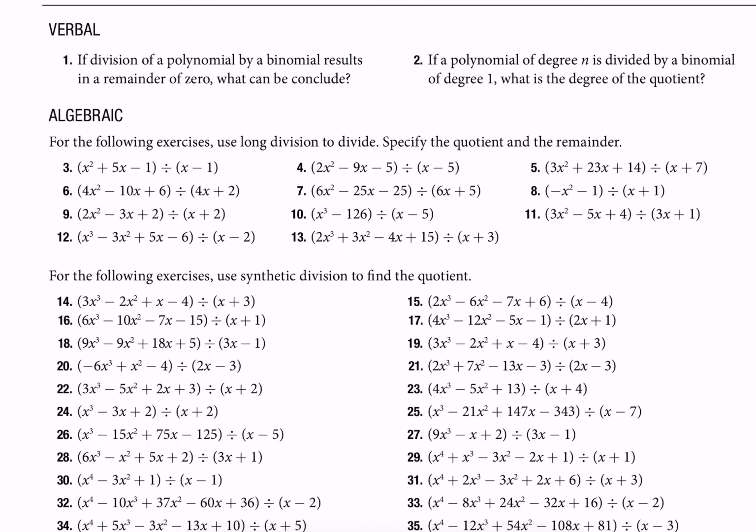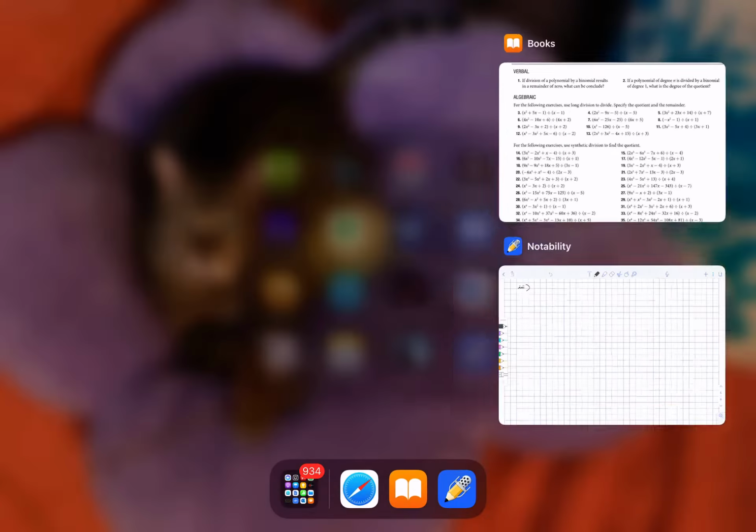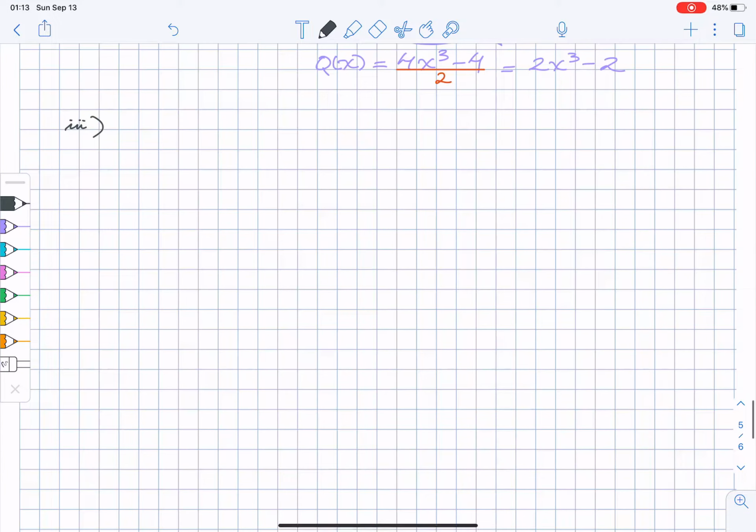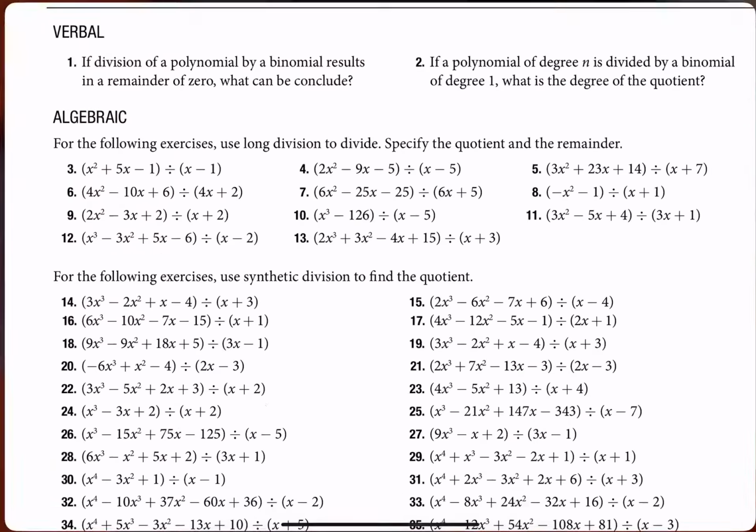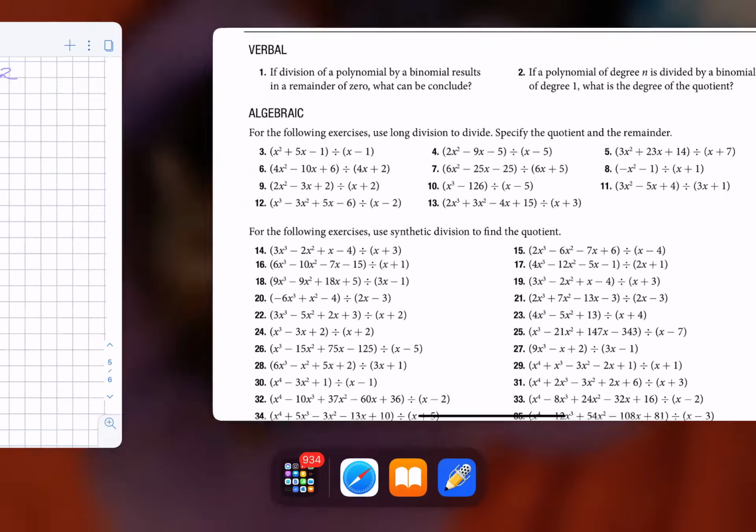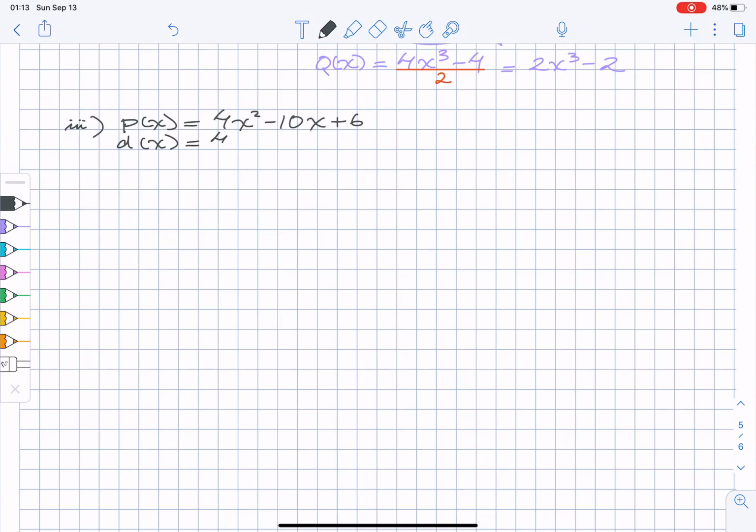So we have 4x squared minus 10x plus 6. So p of x is equal to 4x squared minus 10x plus 6. And we're going to divide that by 4x plus 2. 4x plus 2, and this is what I wanted.